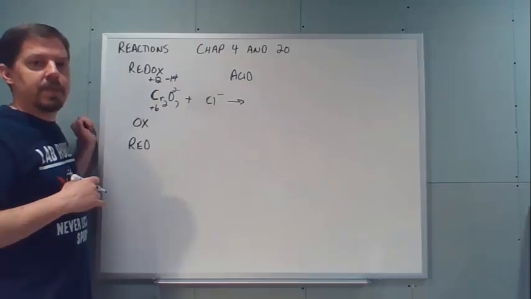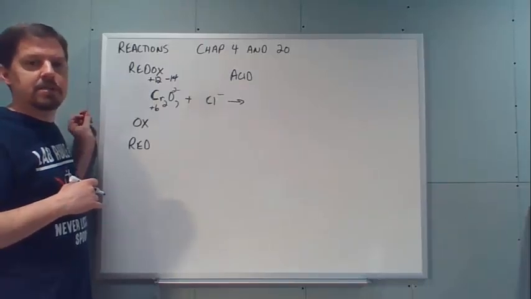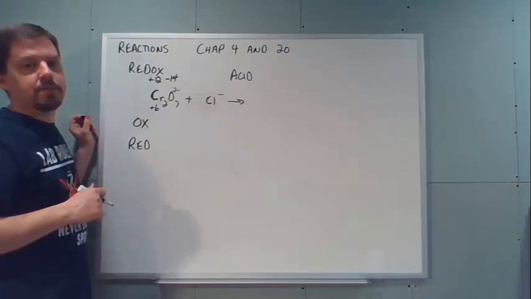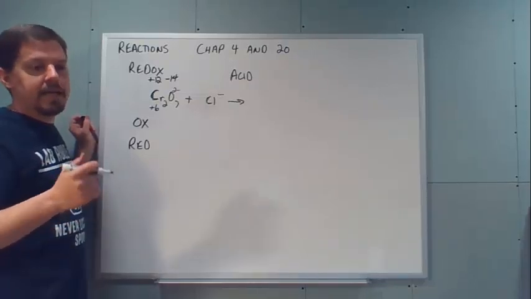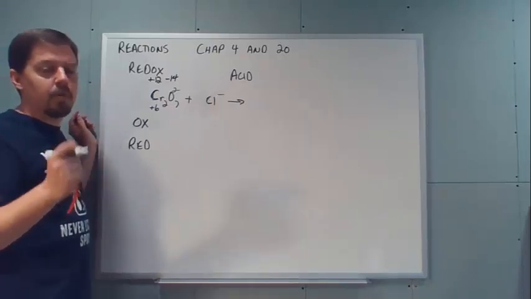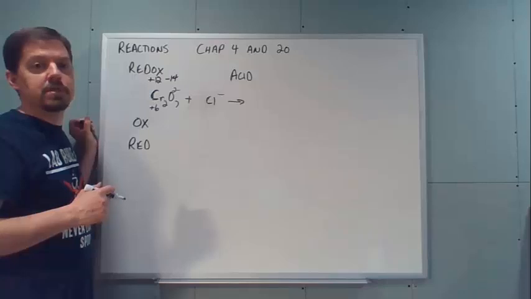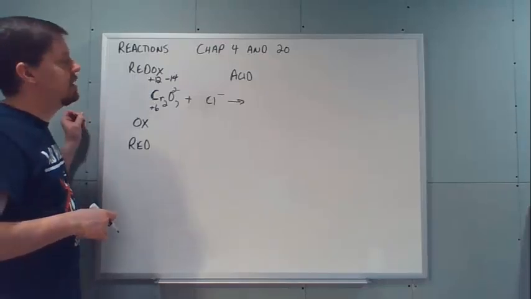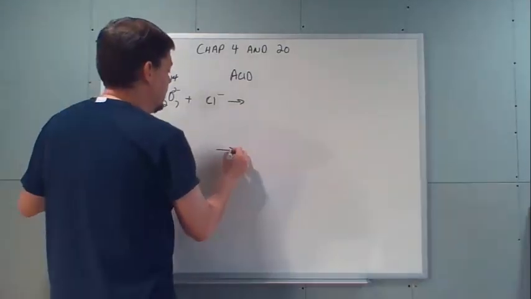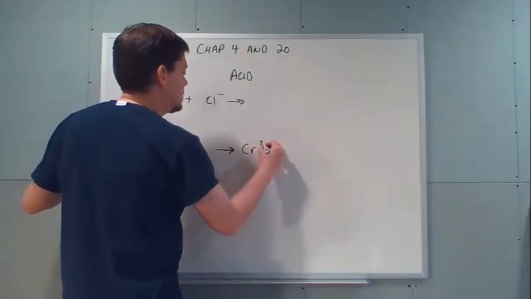For chromium, its most common charge is a +3. Chromium and iron are always a +3. Manganese and nickel and cobalt are going to be +2s, and copper is going to be a +2. So since this needs to be a +3, our reduction needs to leave us with chromium as a +3 charge.